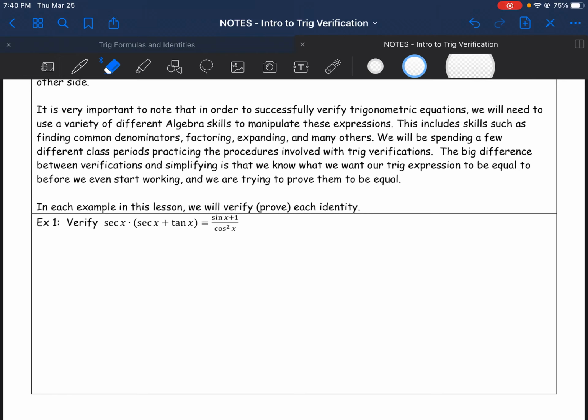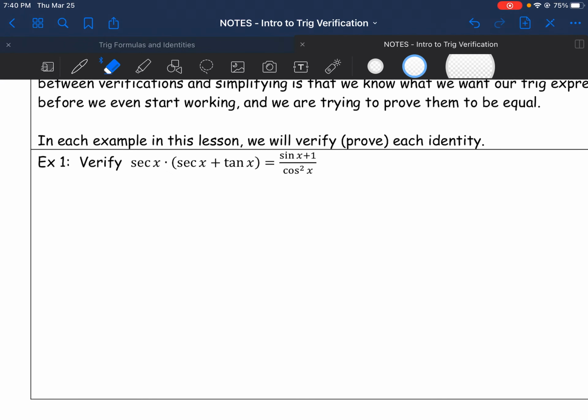That's where practice is going to come in. Practicing these kinds of problems, practicing different trig verifications, that's how you're going to see a lot of the examples that you'll end up doing. So let's go through these examples, see how these get worked out, and we'll go from there.